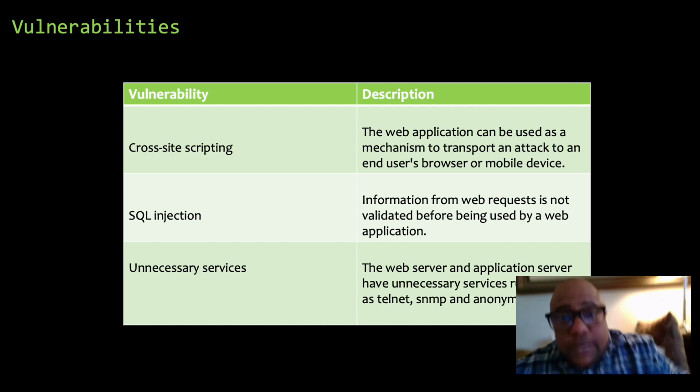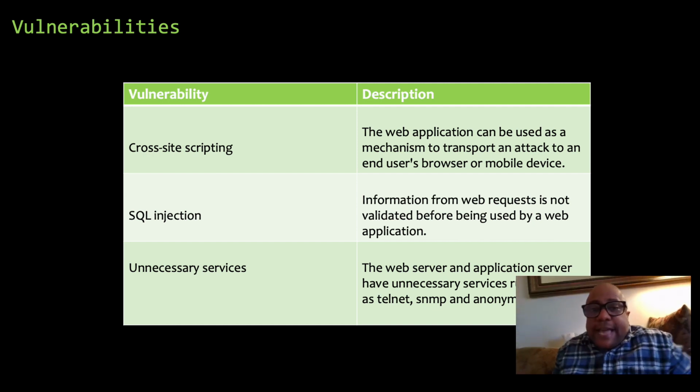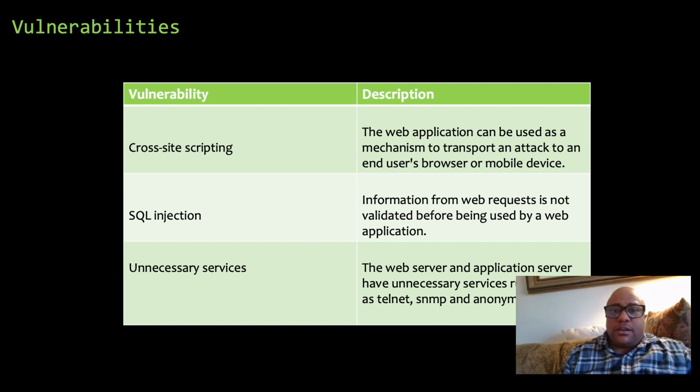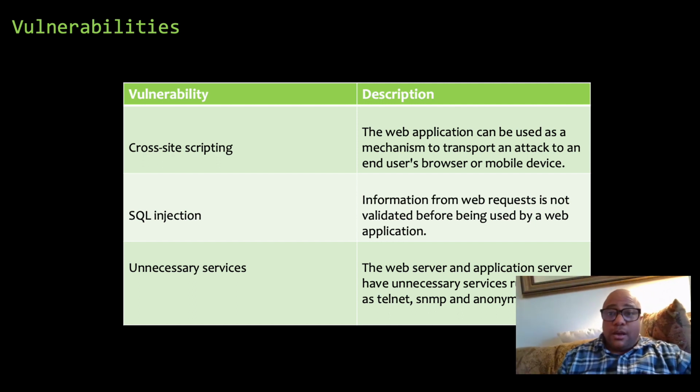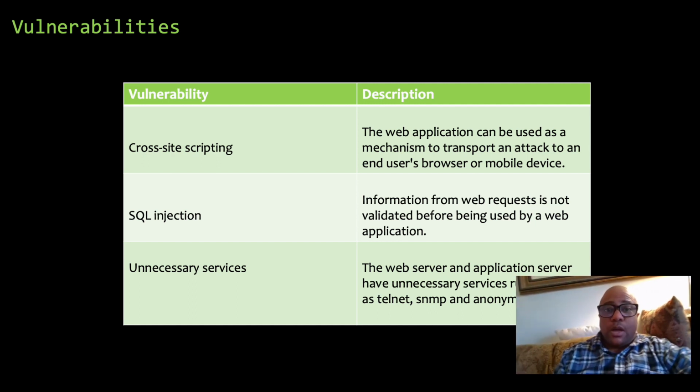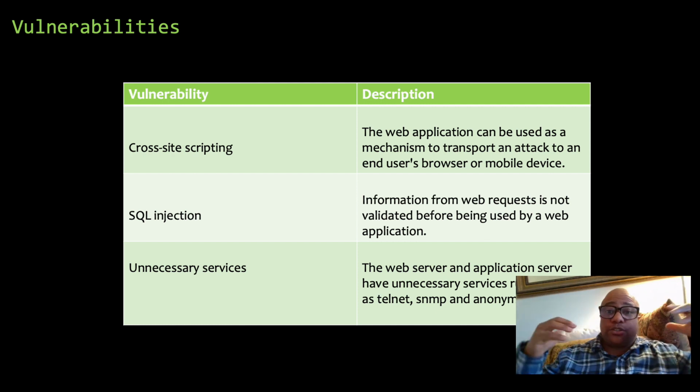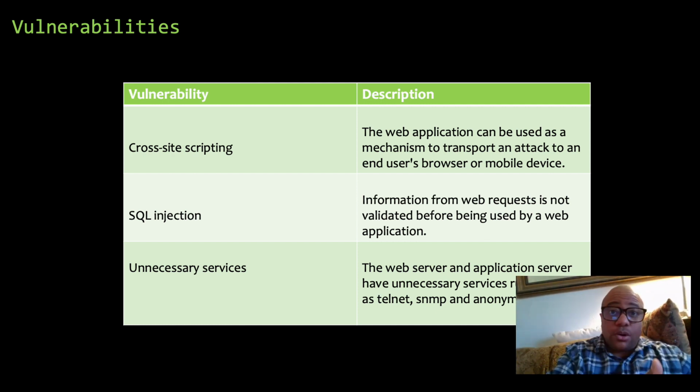How this is done is a cyber attacker will inject some type of malicious executable script into the code of the website or of the application. This could be done by sending a malicious link to a user to entice them to click on it. It can also be when an attacker stores this malicious script in the data sent from a website search.